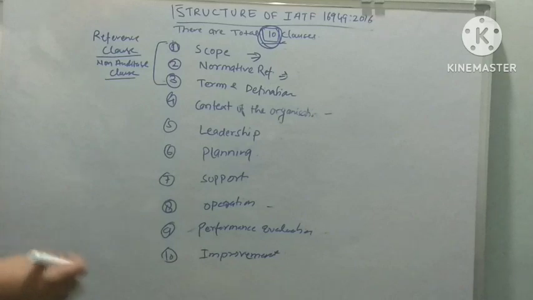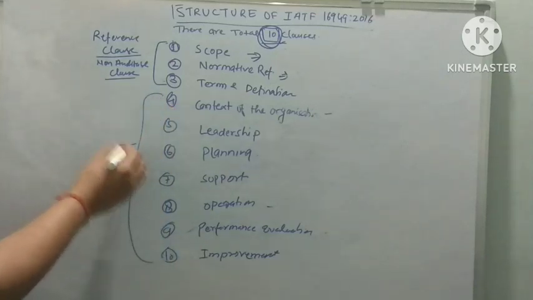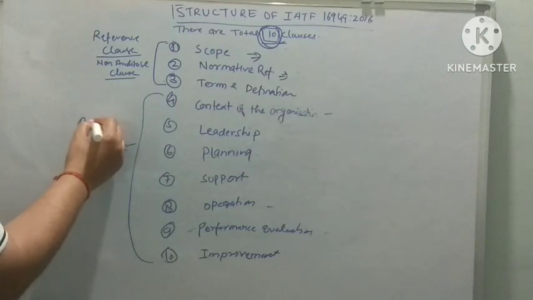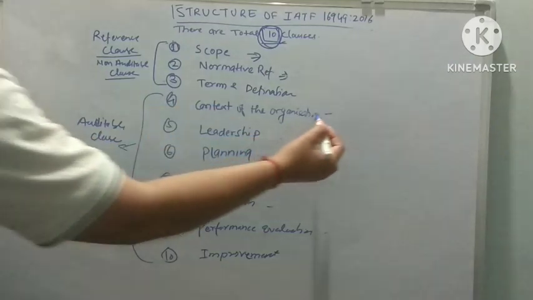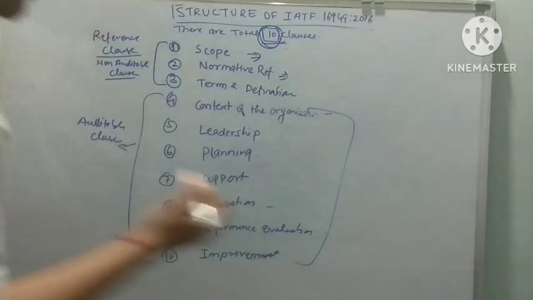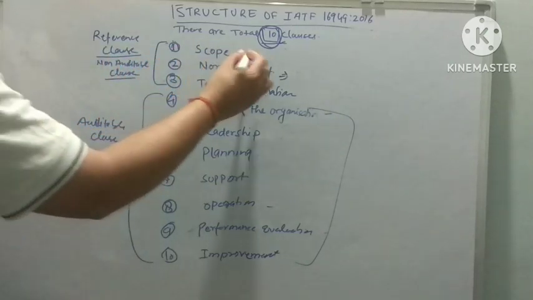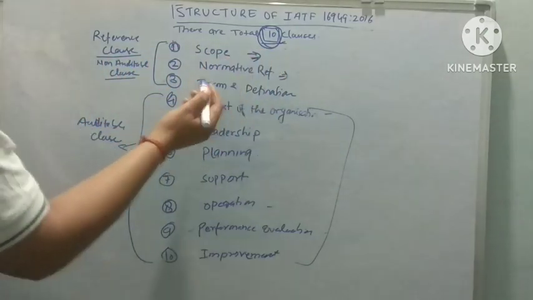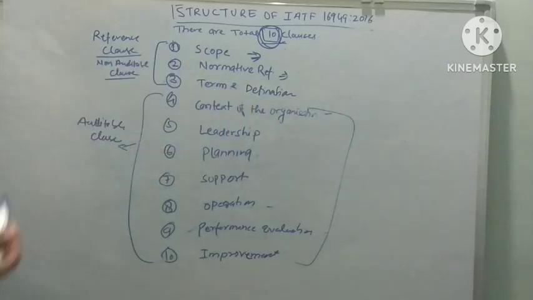And these 7 are the main clauses, auditable clauses. This means IATF will do the audit on these 7, and these first three are only reference clauses where we talk about scope, normative reference, terms and definitions.